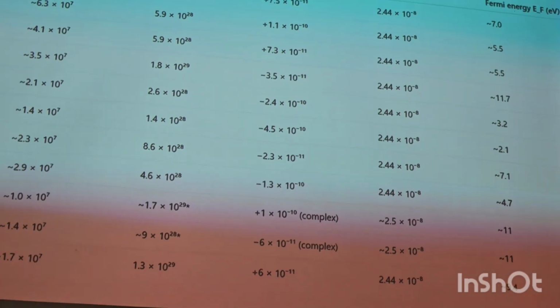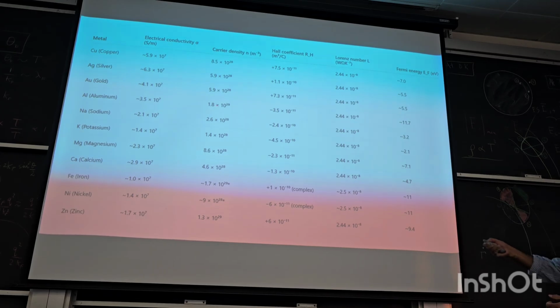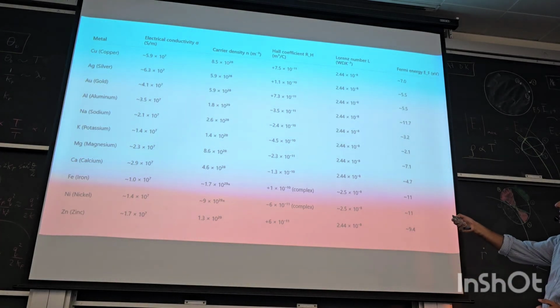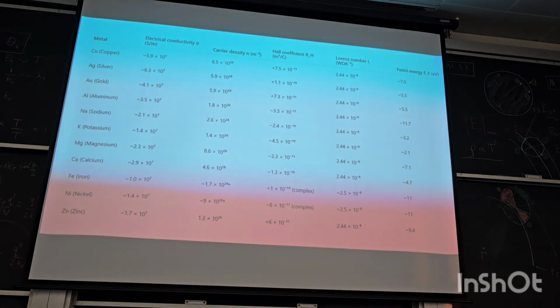I think these units are per ohm per meter. Siemens is per ohm, I think. The carrier density for all of them is of the order of 10⁻⁴ per cubic meter.